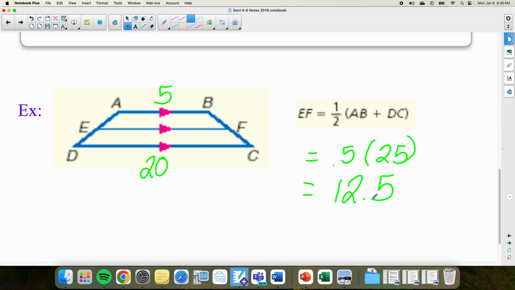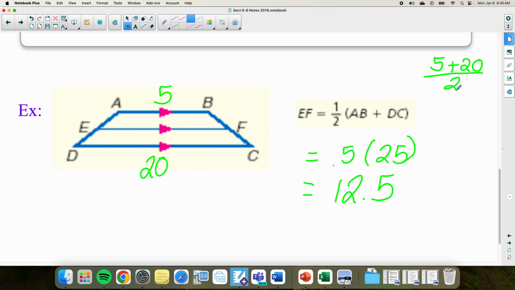You'll see when I do 2 problems with you later why I stick with the 1/2 versus going 5 plus 20 divided by 2. That would be the same thing. But I do the 1/2 because of a certain type of problems later.